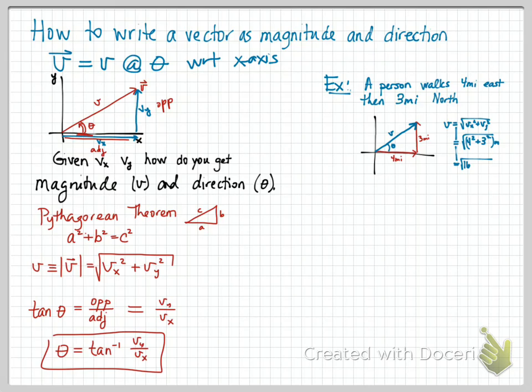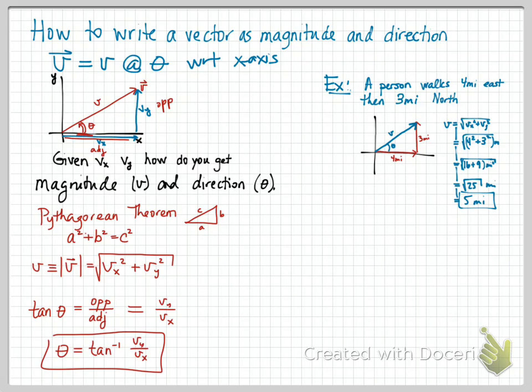You get 16 plus 9. Both of those are miles squared, still under the square root. And then 16 plus 9 is 25. And you might know the square root of 25 is 5. So the magnitude of that is 5 miles. It's one of my favorite triangles, the 3, 4, 5 right triangle. I use it a lot.